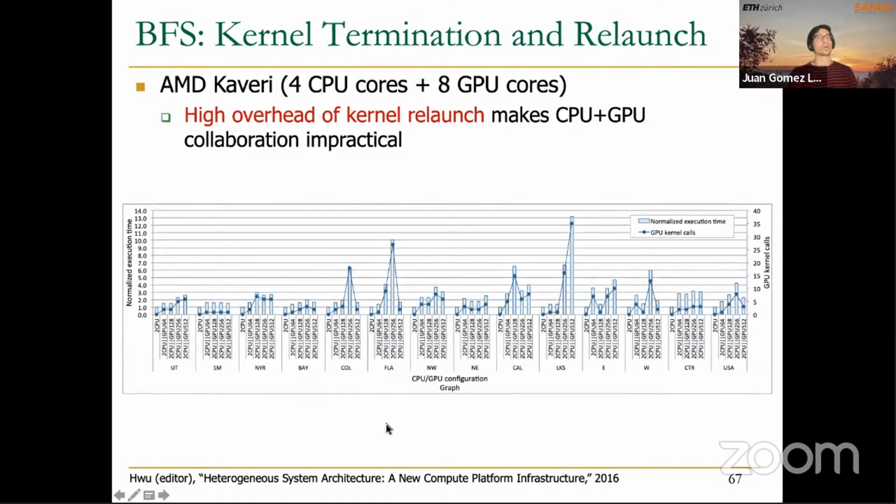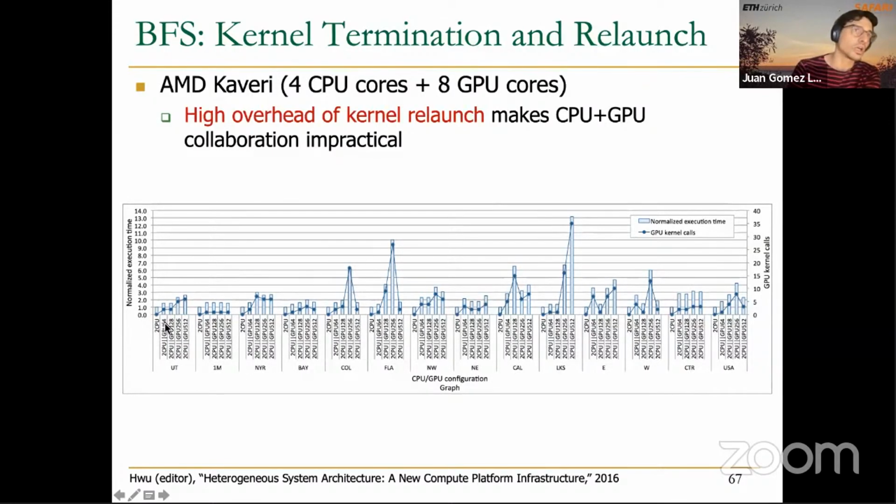And here you can actually see some performance results on a real system. This was also on the AMD Kaveri, the execution time for different graphs. So each of these corresponds to a single graph, and different configurations of the collaborative execution, from a version that uses only CPU threads to versions that use GPUs with different thresholds.